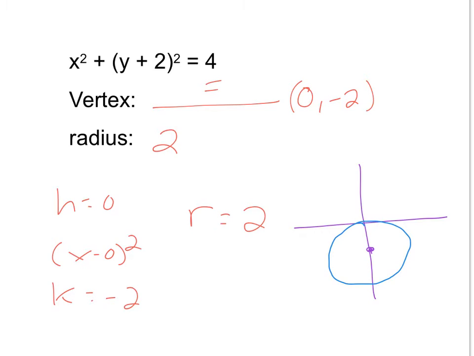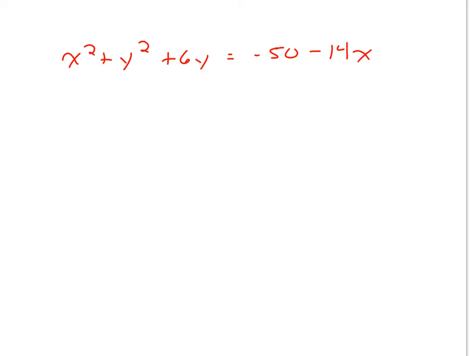Alright, let's try another one. This time we're given the equation. Let's come up with the center point and the radius. But in this case right now, we have a circle that's not in (h, k) form. So I'm going to have to complete the squares a couple times. So first thing I'm going to do is move the x over to one side. So I'm going to add 14x to both sides.